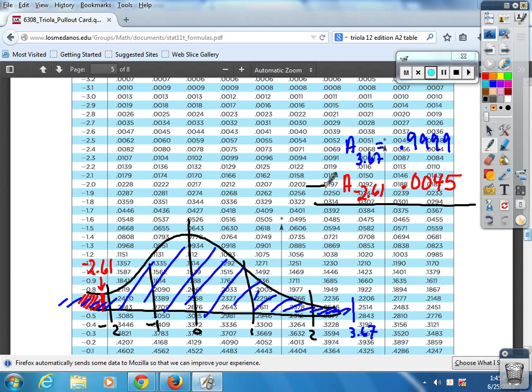Subtract those. 4, 5, 9, 9. So the area between there is basically, and I'll shade it in green, you're finding this area right here between the two. And that area is 0.9954.